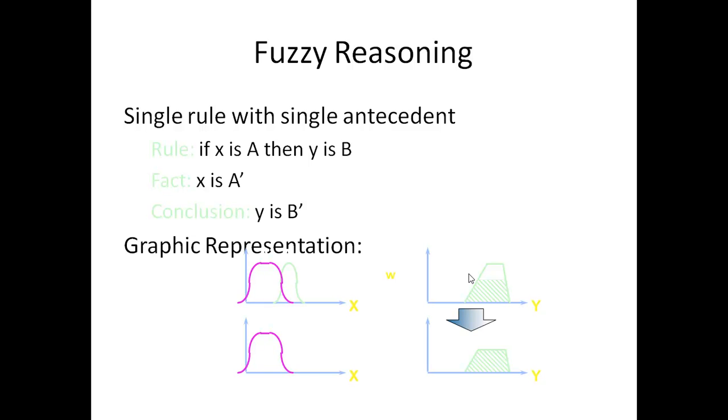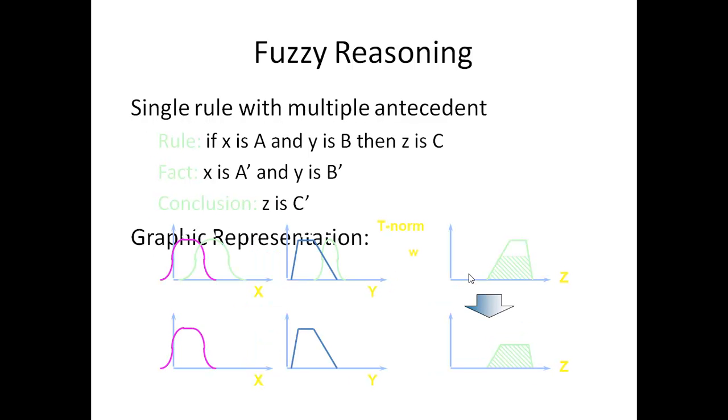Now the graphical representation of the same rule is: A is given, we are finding y is B. x is A is given and we are finding y is B. The graph is given like this. Then we will find some multiple antecedents.